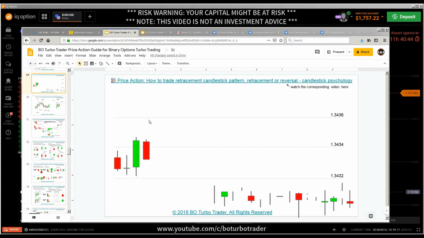But the problem here is we are going far away from the 2 deviation Bollinger Band. What does this mean? It means not only that we get into a reversal area, but also that the trend is starting to lose momentum. A trend is starting to lose steam. That means there is no longer a strong trend if you are going away from the 2 deviation Bollinger Band.